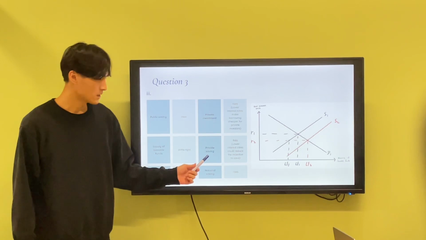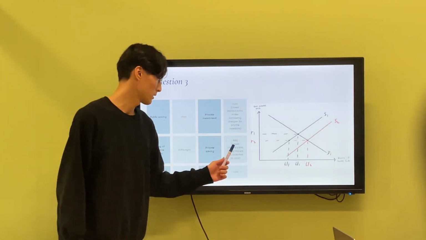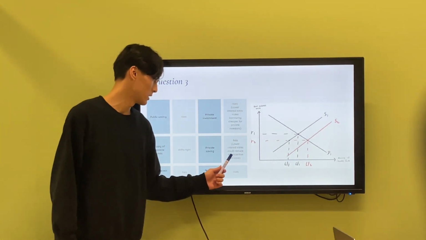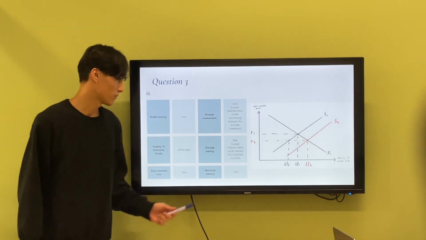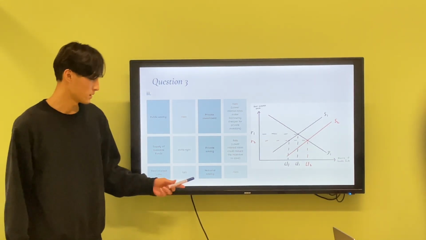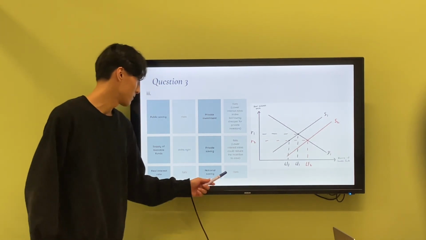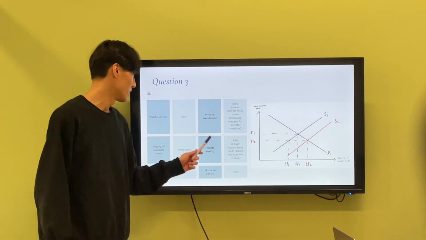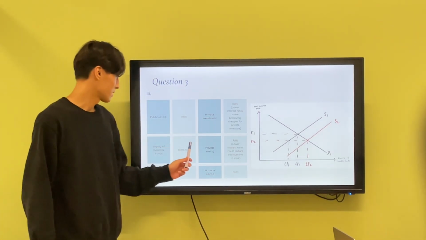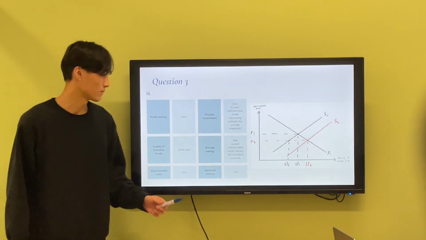But private saving will decline because a lower interest rate could reduce the incentive to save. The result is that national saving will rise because it equals public saving plus private saving.